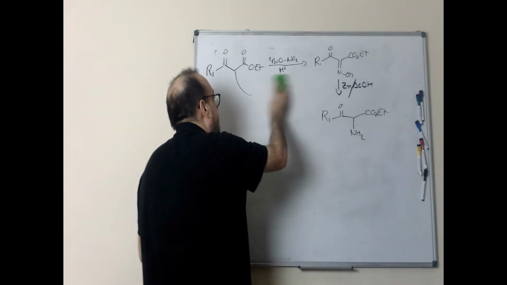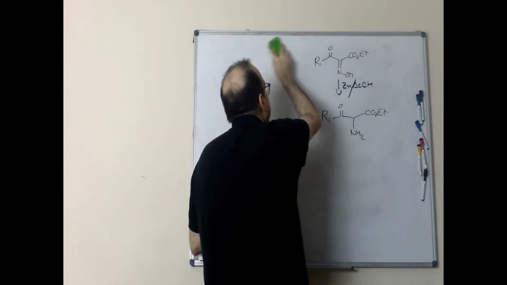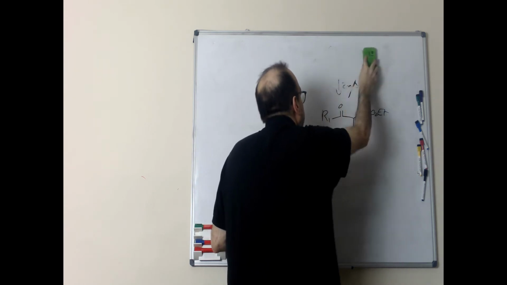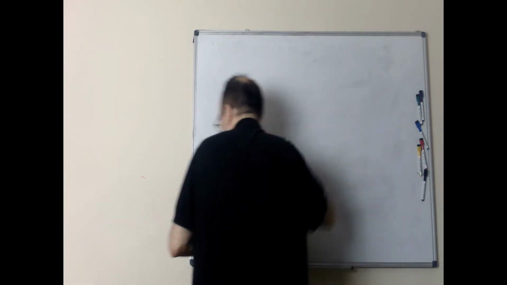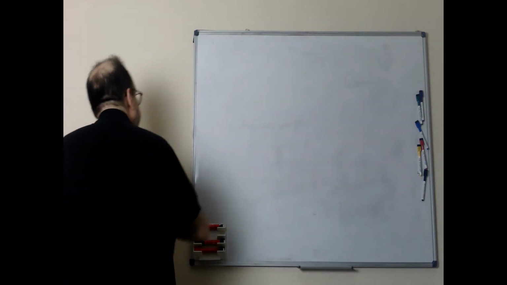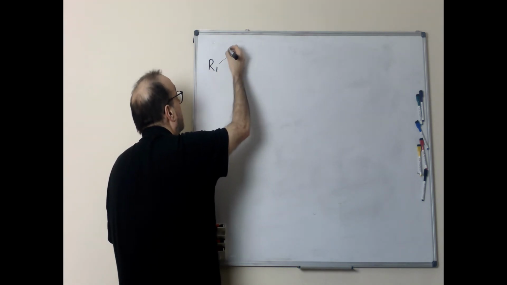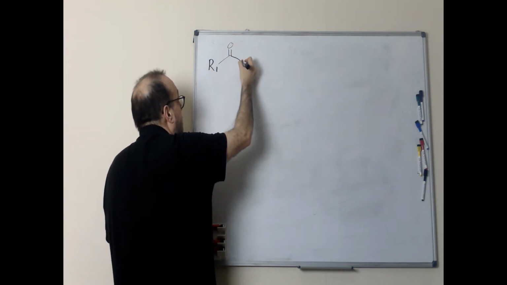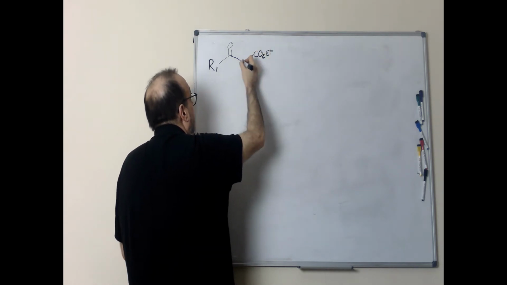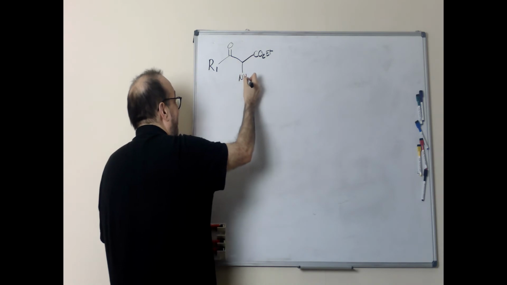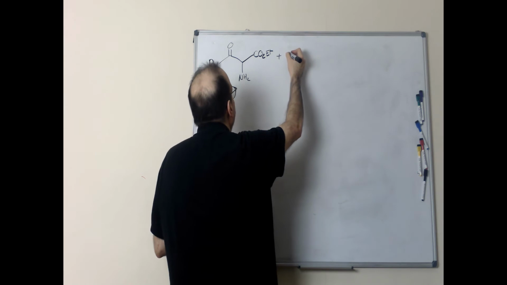Okay, then what is happening when we have the amino ketoester? This is reacting with a second amino ketoester.